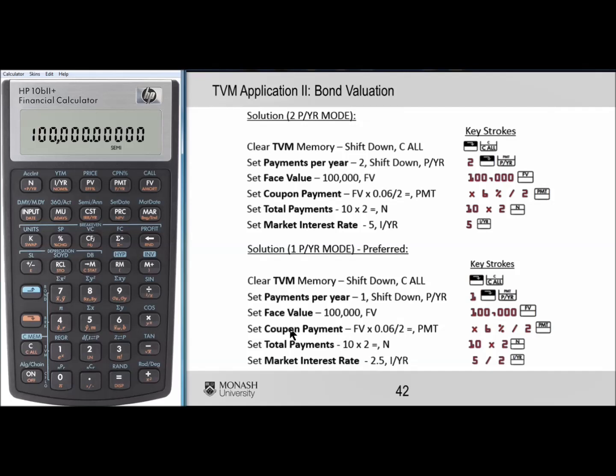Coupon payment, as we mentioned before, is equal to the 6% annual coupon rate multiplied by the face value and then divided by 2. So your face value is 100,000, multiply by 6%, divided by 2. So 3,000 is our semi-annual coupon payment. That is PMT.